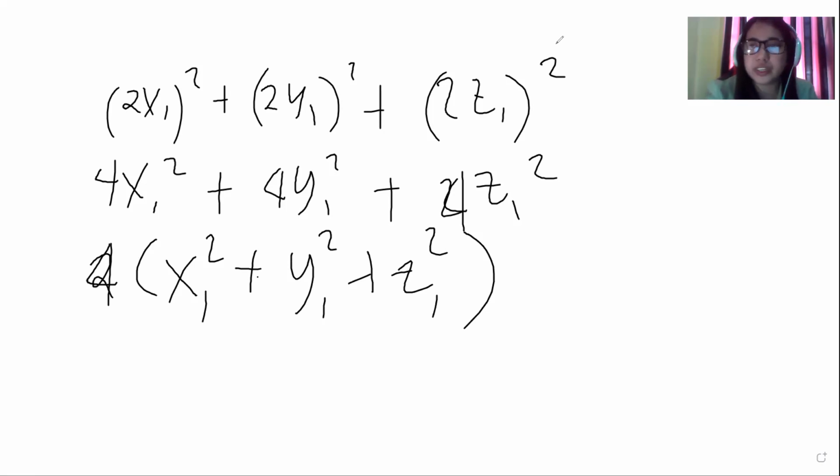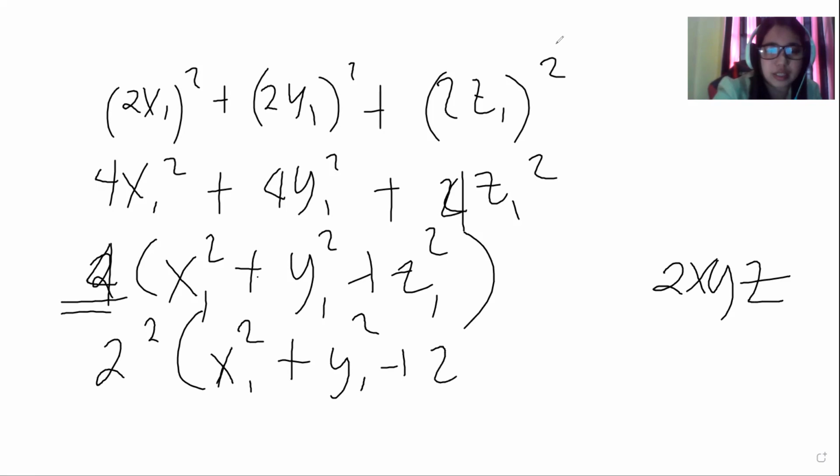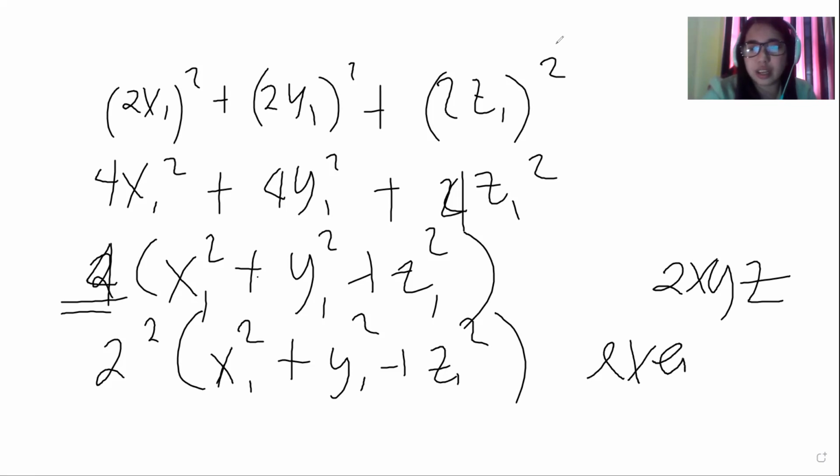Now, in our original equation, it is written as 2xyz, and this is 4. Of course, we also have to rewrite this in the form of 2. So this can be written as 2 squared times (x sub 1 squared plus y sub 1 squared plus z sub 1 squared), which means that the result is even.